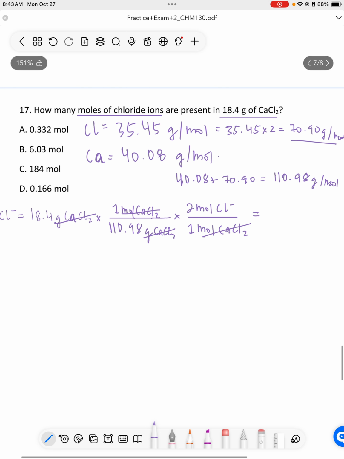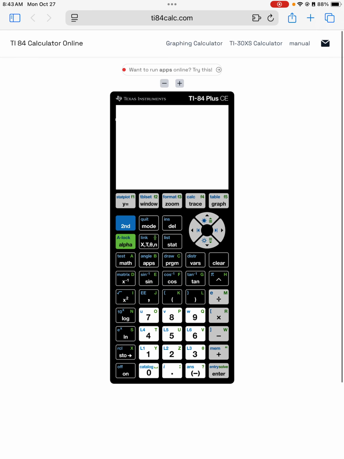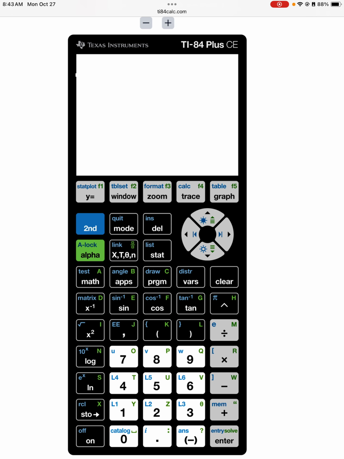Now we're gonna go over to our calculator. Let's try that again. Okay. So we had 18.4 grams, and we want to make sure we do parentheses.